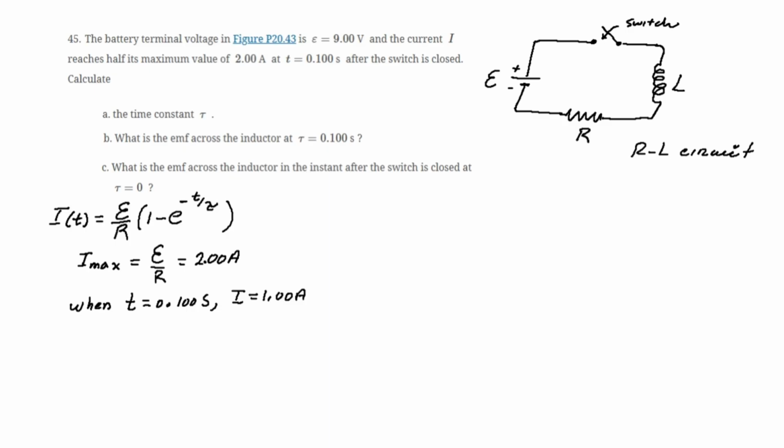So I can rewrite this as I of t equals I maximum times 1 minus e to the power of negative t over tau. Now, the I maximum, we know, is 2 amperes.